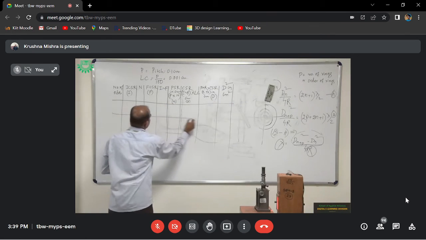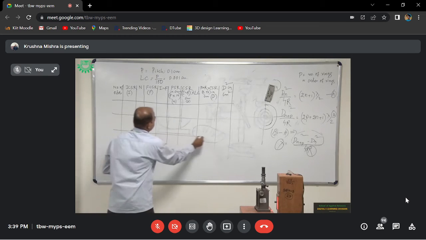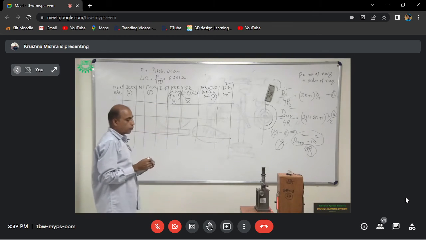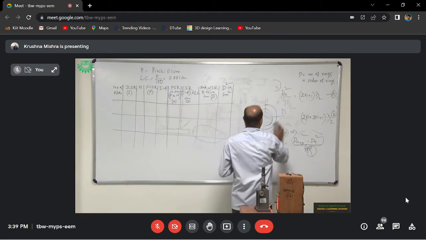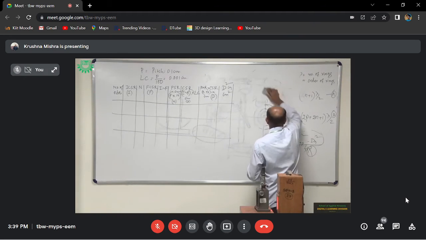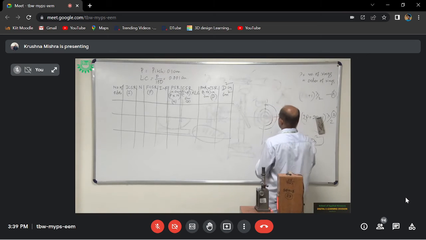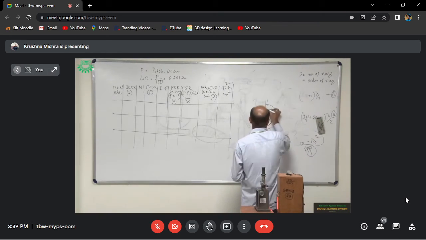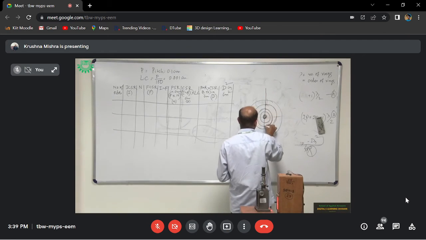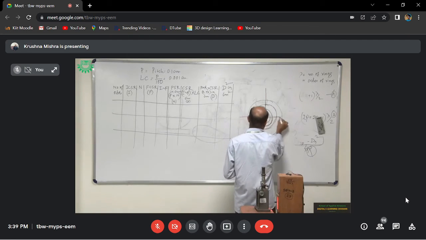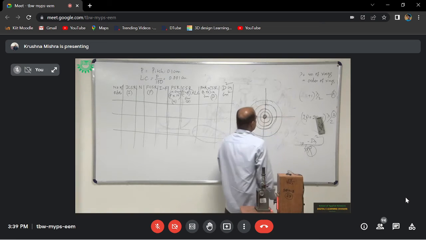Some observations we can take using a proper procedure. So what to do to find the diameter of rings? And there is a cross wire here that I have already told you about.